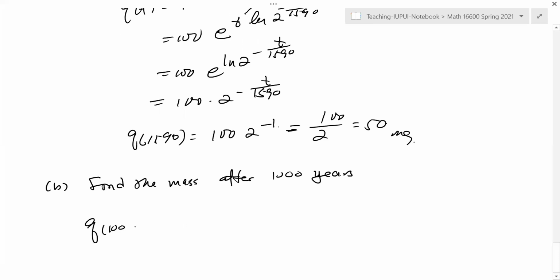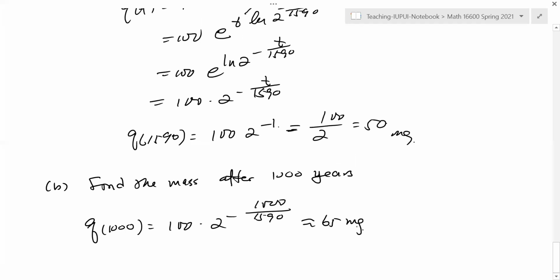So all I have to do, once you get the formula, right? You just estimate 2 to the -1000 divided by this. Okay, using a calculator, you estimate it's about 65 mg. Now look at this, right?